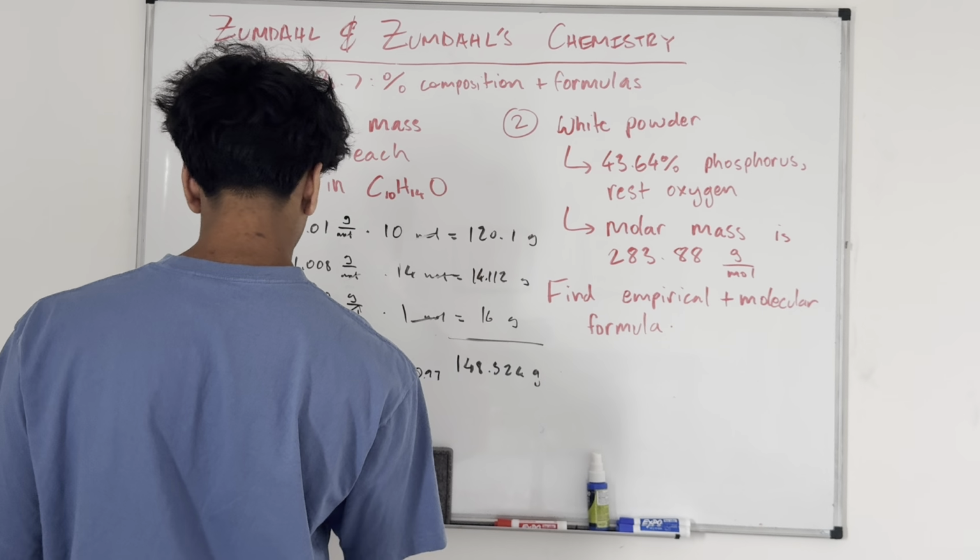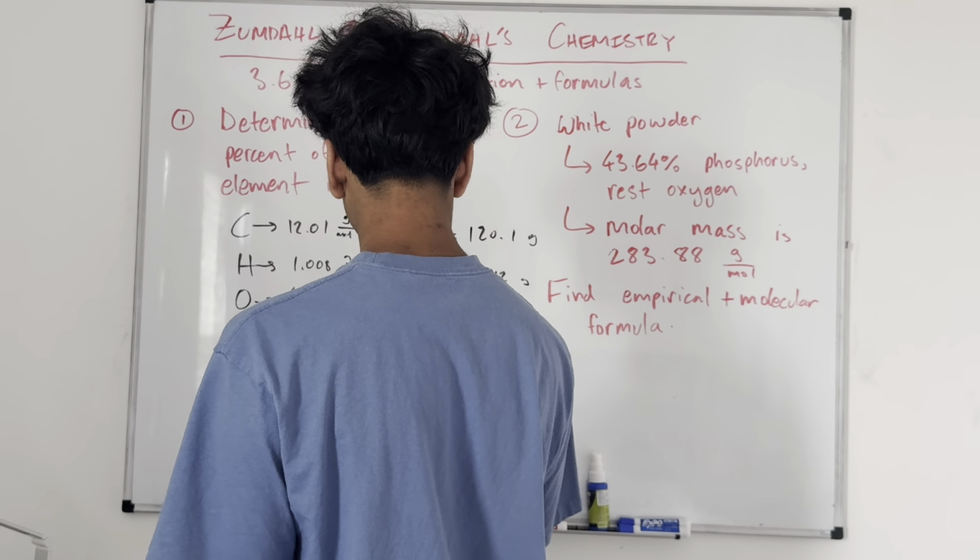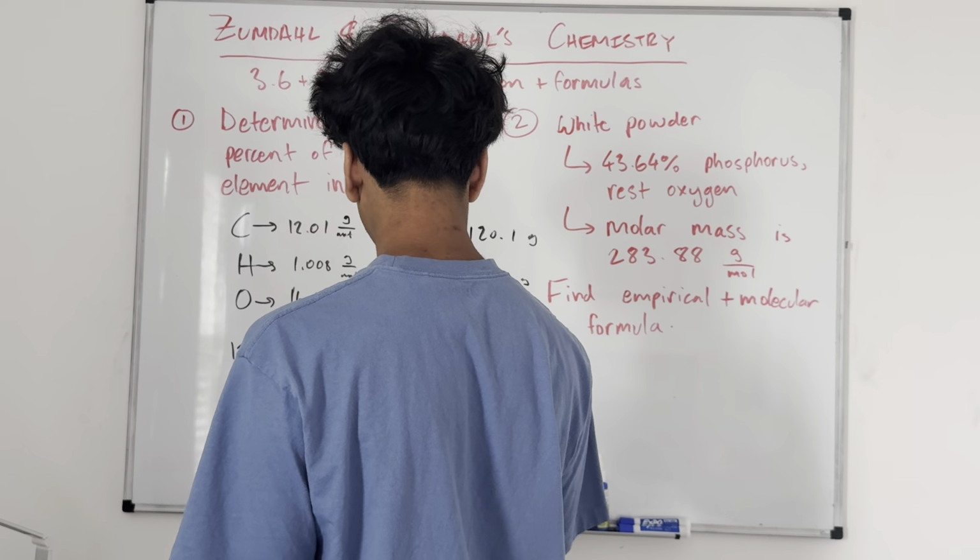148.324 times 100 is going to equal about 9.51%.